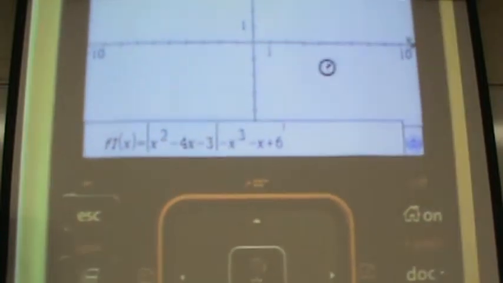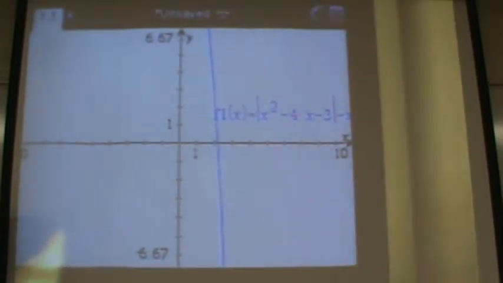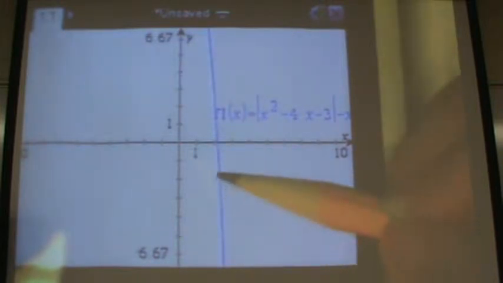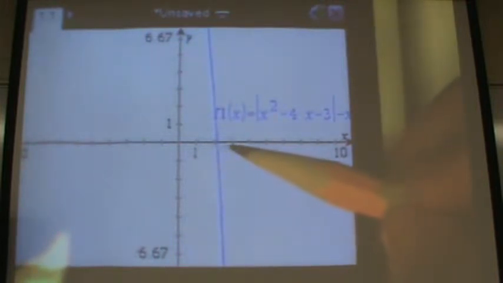And it's going to graph it for you. Now, we don't have the whole picture, but really all we're looking for is that answer right there, where it's hitting the x-axis. So now how do you calculate that number? Because it's not 1, it's not 2, it's somewhere between 2 and 3.